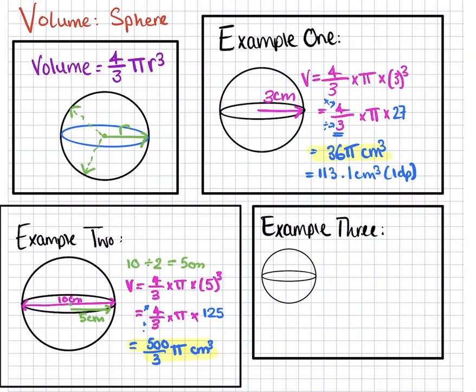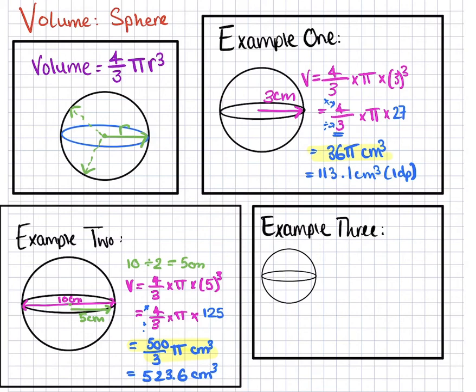If I wanted an answer that was rounded to 1 decimal place, I would need to type this into my calculator. Typing it into the calculator gives you 523.6 centimeters cubed.